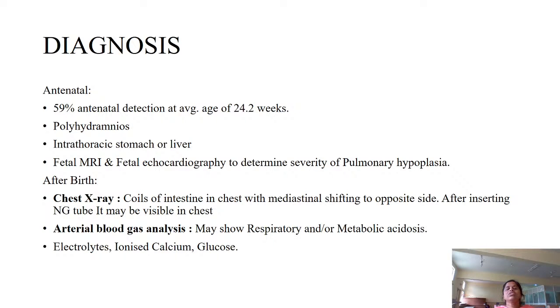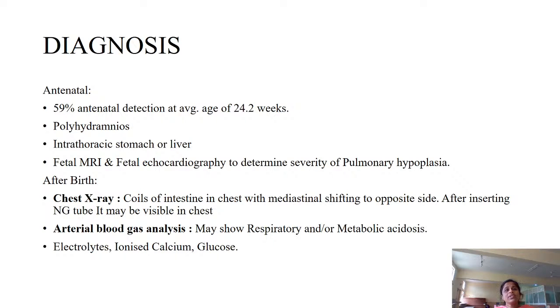What do we do? Now, how will the CDH present? The child will present with continuous neonatal respiratory distress at birth, and the child will have frothing, maybe the child will be very cyanotic.